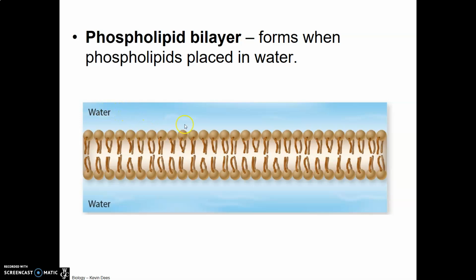Now, this phenomenon is called the phospholipid bilayer, which is seen when we place these phospholipids in water. And this particular phospholipid bilayer will become very important as we move into our second unit when we start talking about the cell, because the phospholipid bilayer is, of course, the basis for cell membranes.